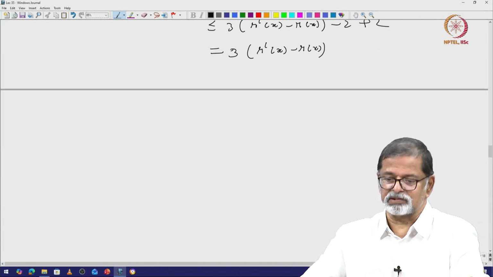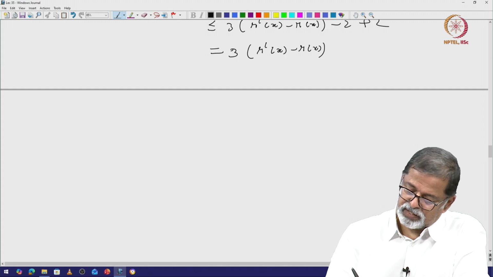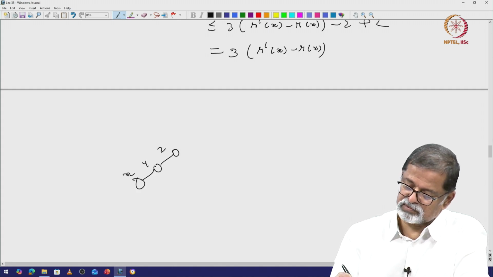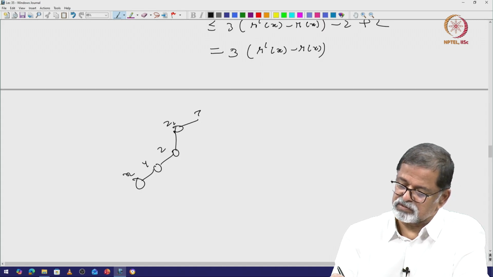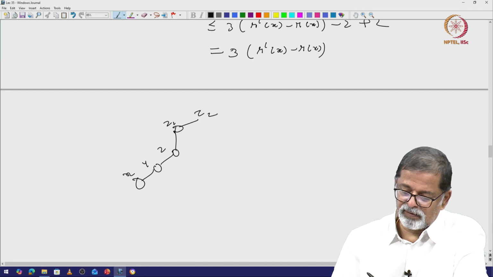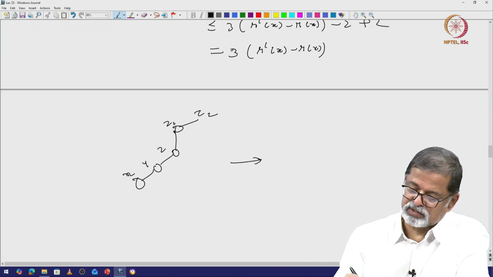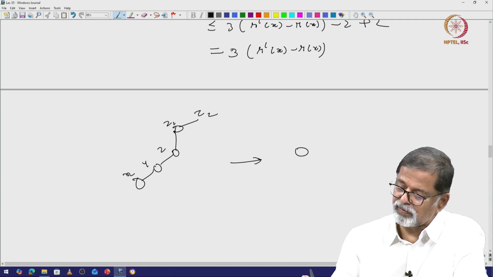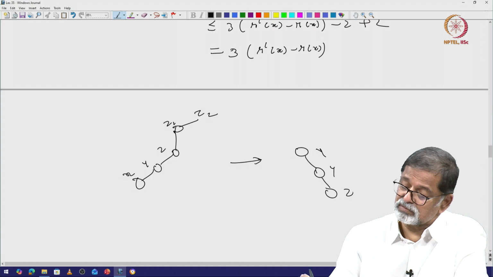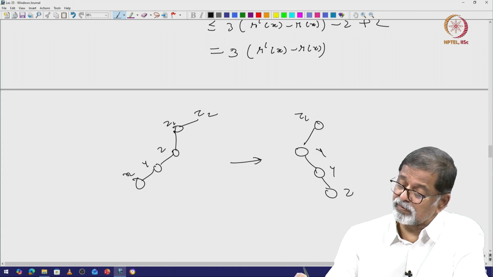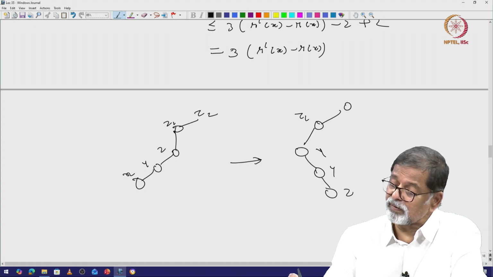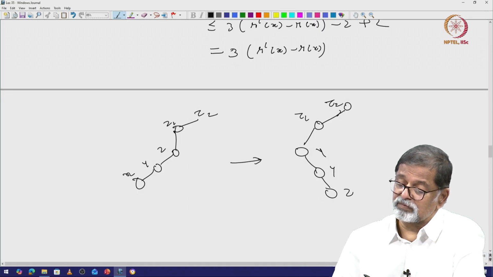What is happening in the next stage is, for example, the x which was here, x, y, z, let us say z1, z2. First it will go from x, y, z to x, y, z, z1, z2 will be there.